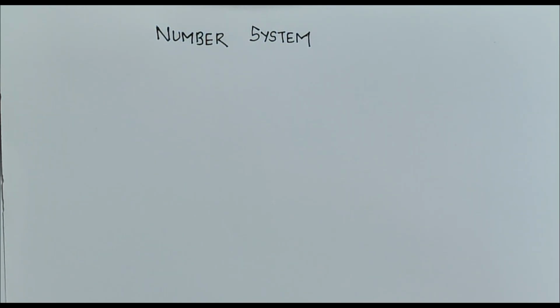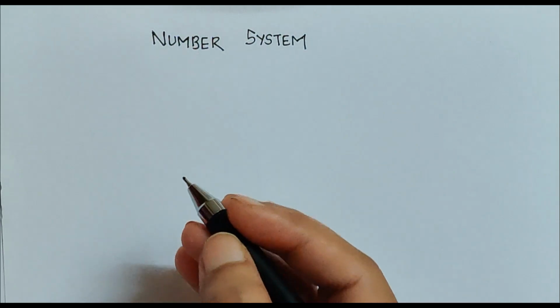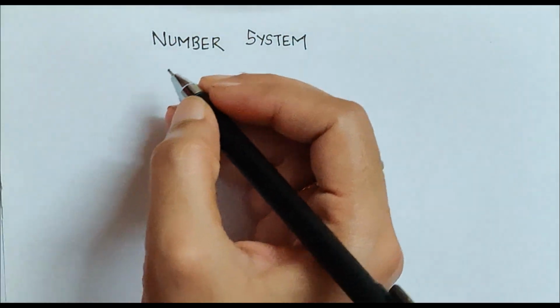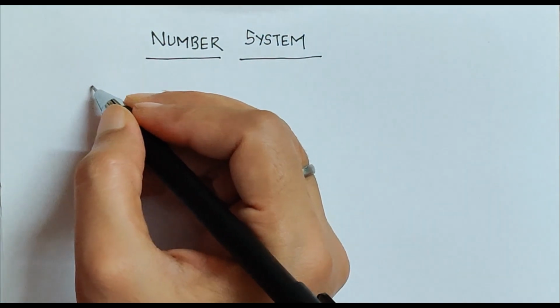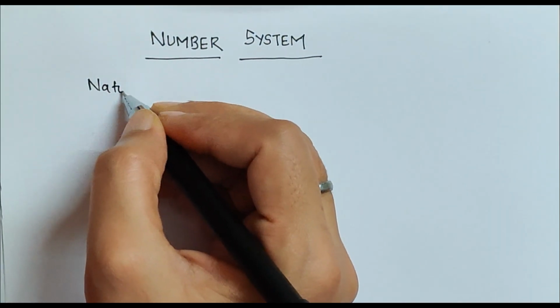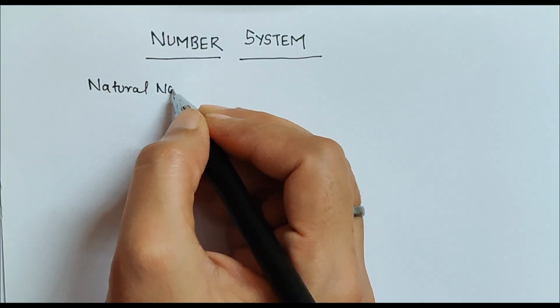So here let us try to understand what type of numbers we are going to have under this system. Everyone knows about natural numbers, right? I'm beginning with the most basic type of number in the number system, which is natural numbers. Why are these numbers called natural numbers?